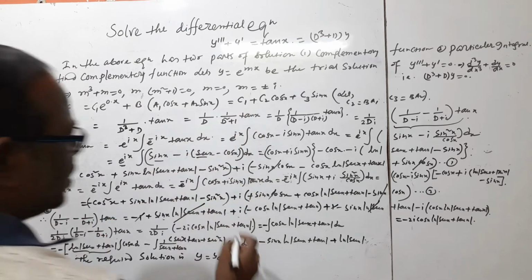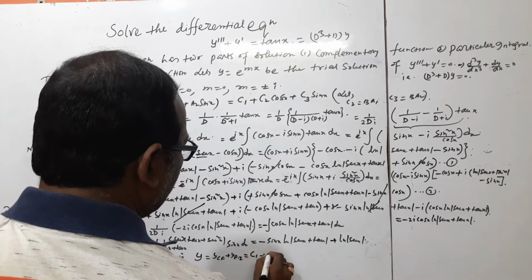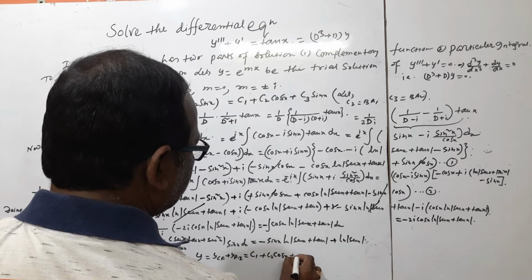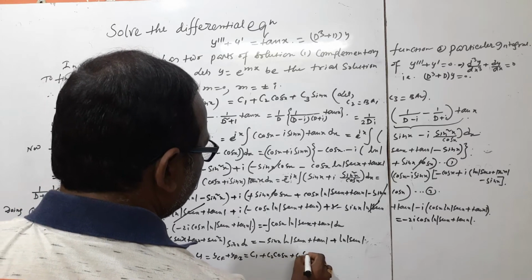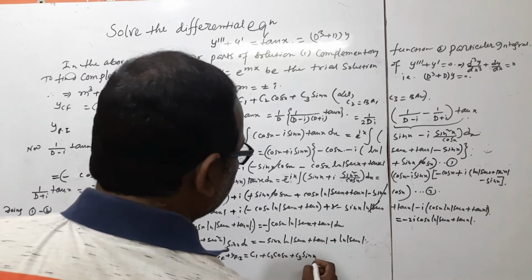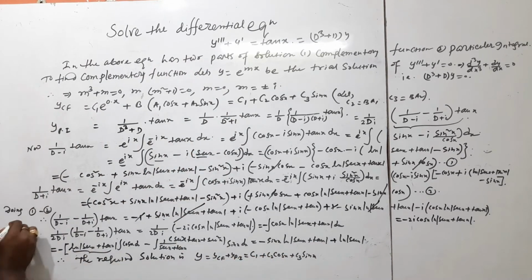YCF is C1 plus C2 cos x plus C3 sin x, and the other part is the particular integral, and this is actually y suffix PI.